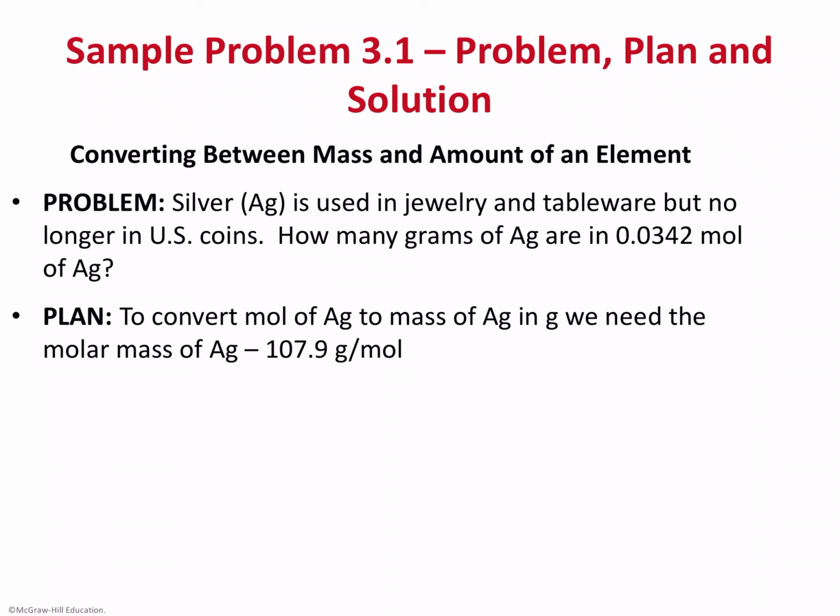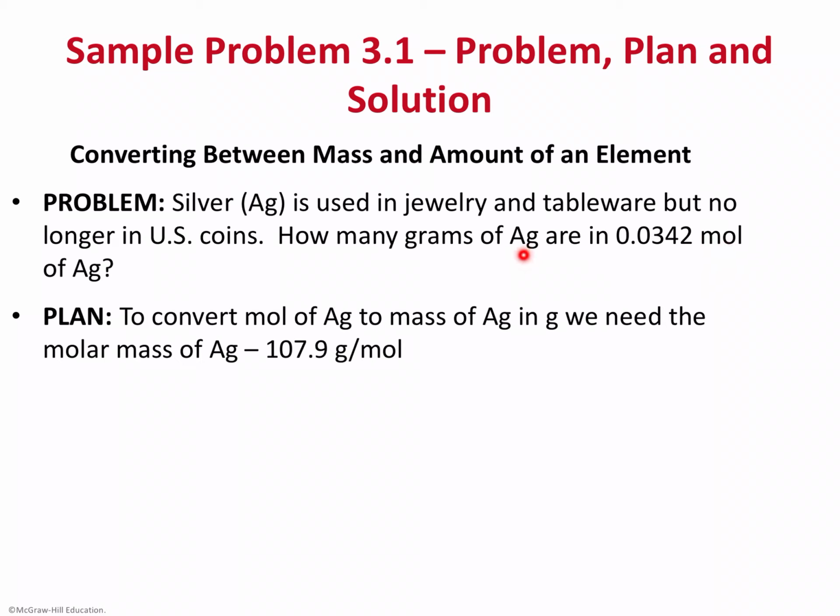Silver is used in jewelry and tableware, but no longer in US coins. How many grams of silver are in 0.0342 moles of silver? Okay, we want to find the grams of silver in this many moles of silver. Now we know one thing: what is the mass of 1 mole of silver?